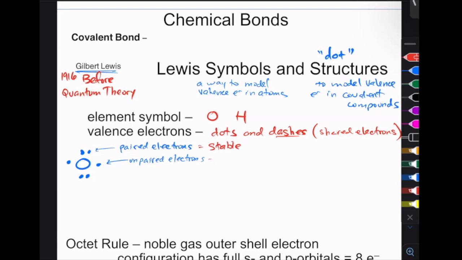Unpaired electrons are very unstable. So in chemical reactions, the tendency is going to be towards pairing up the unpaired electrons. That gives us more stability. So these are going to be the ones that are available to form covalent bonds. When you have unpaired electrons, they're very reactive. So we're going to think of these unpaired electrons as being available to form covalent bonds.